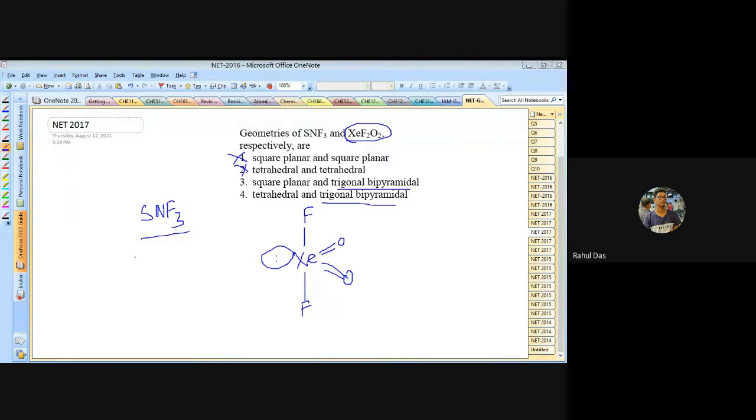Sir, taking nitrogen as the central atom, nitrogen valence will be 5. Okay, nitrogen, central atom. So it is 2s2, 2p3, right? Yes, sir. Then this is the ground state electronic configuration.